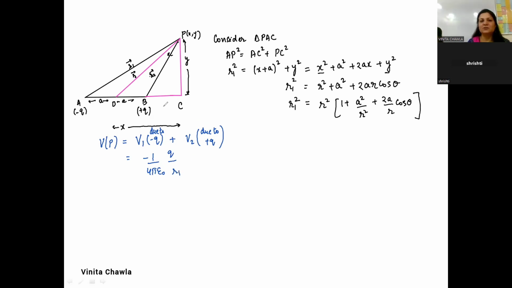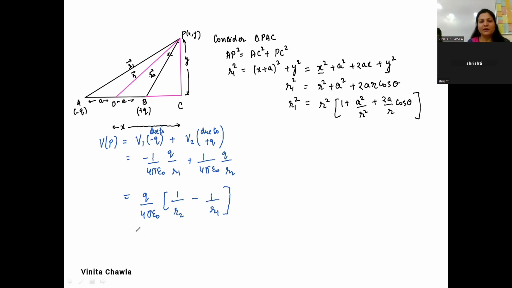And because of plus Q, we can write plus 1 upon 4 pi epsilon naught Q by R2. Write Q upon 4 pi epsilon naught here, and in the bracket, you will get 1 upon R2 minus 1 upon R1.